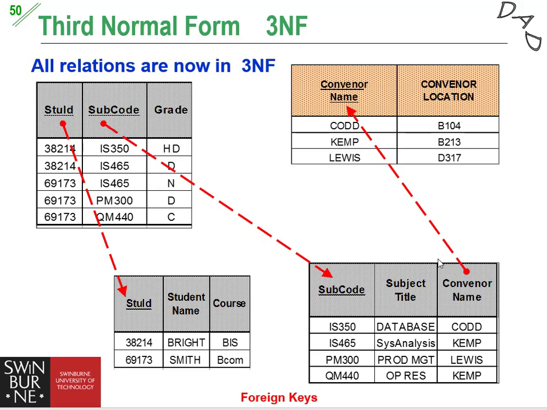It's a strong entity, and then by eliminating non-key dependencies we created another entity called convener. So this universal relation now looks like an enrollment entity, a weak enrollment entity. So we have three strong entities and one weak entity.